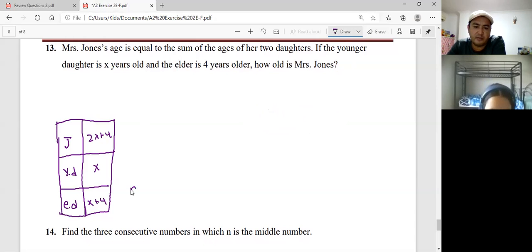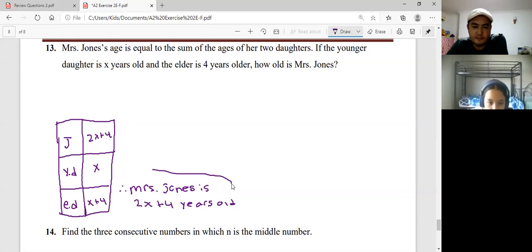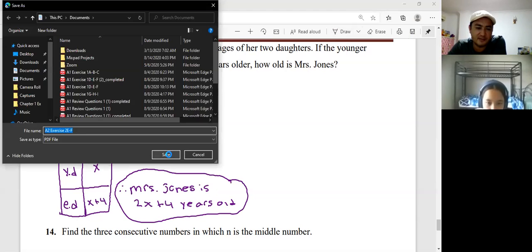Mrs. Jones is 2X plus 4 years old. Is that all? There's only one sentence, so you don't have to put this in a circle. If you have a lot of sentences, you can put a circle around the final answer.